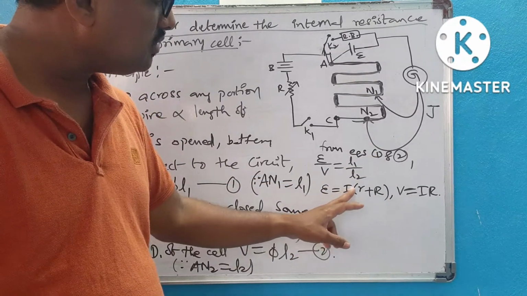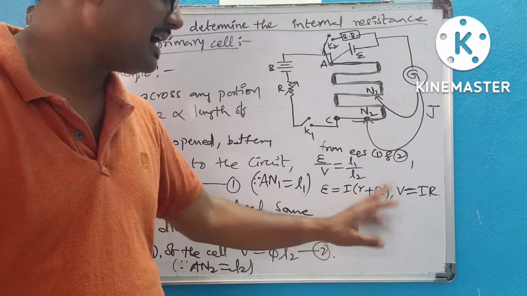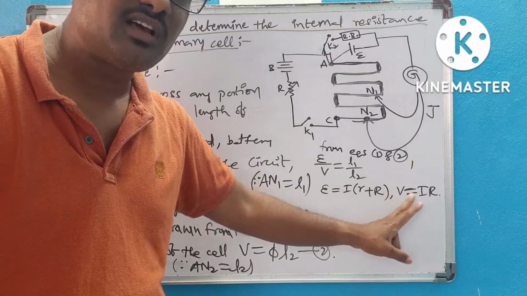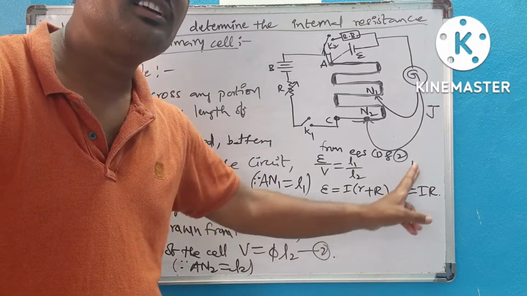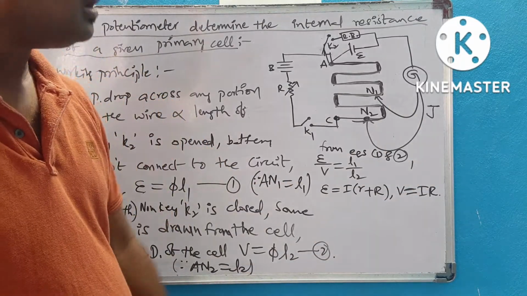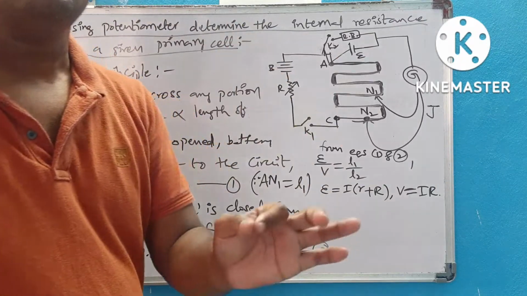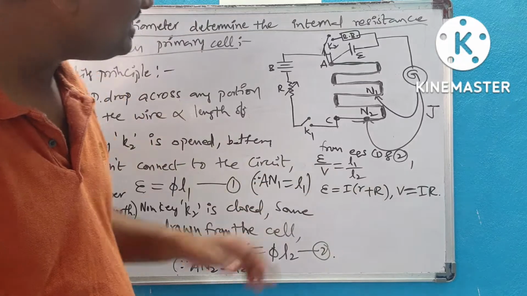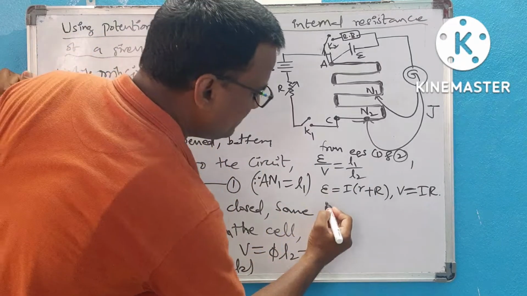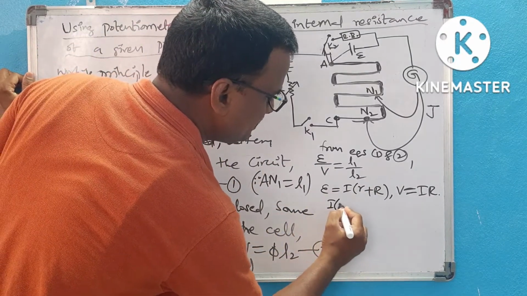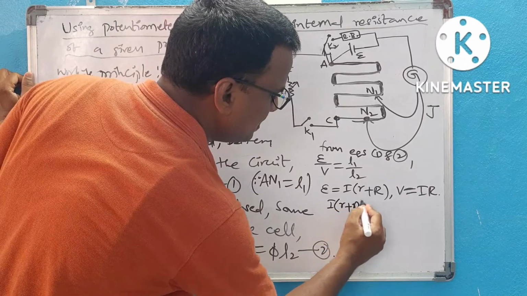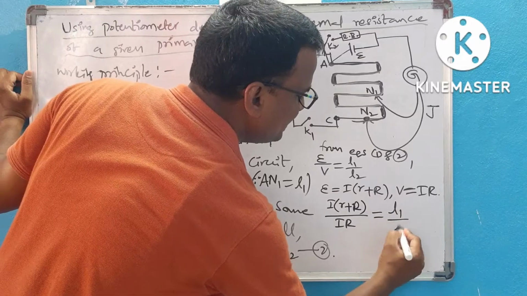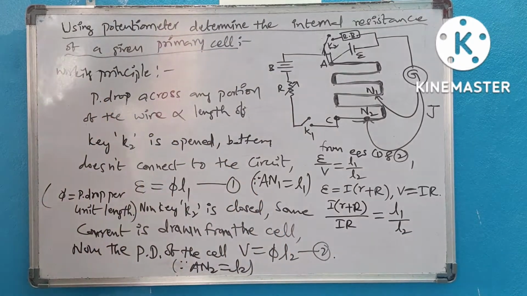According to Ohm's law, potential V is equal to I into R, where I means current and R is the resistance. Now these two values are substituted in this equation, so we get I of r plus R by IR is equal to L1 by L2.